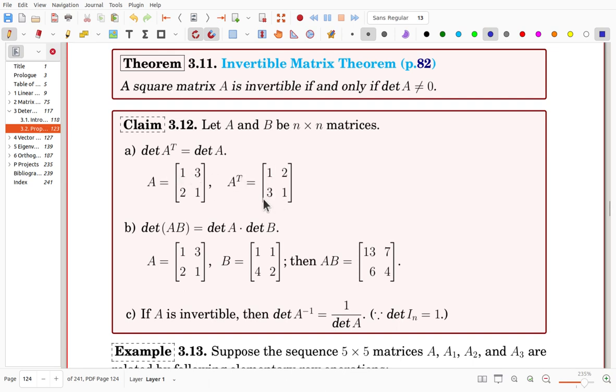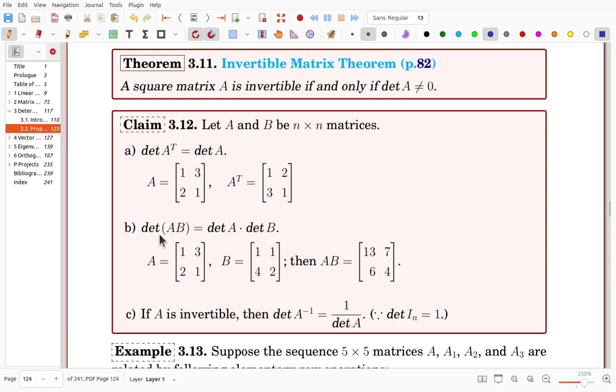Either way, you can consider it. The determinant of the transpose of A is the same as the determinant of A. For the same matrix we considered earlier, the determinant of A is minus 5, and for the transpose, again 1 minus 6, so the determinant of A transpose is minus 5. That is a property you'll use many times.